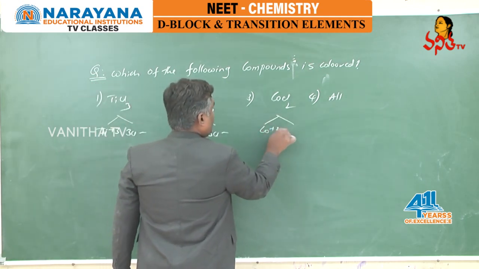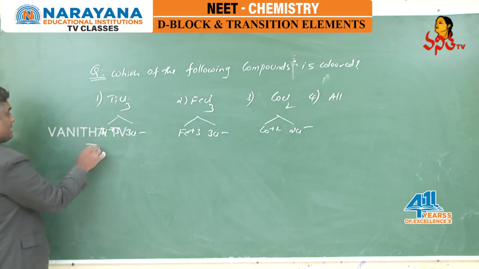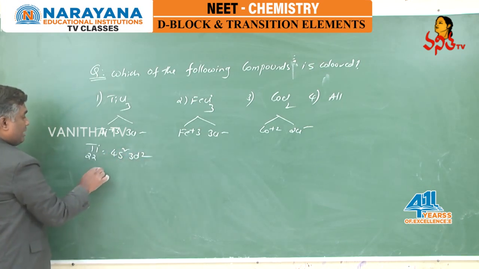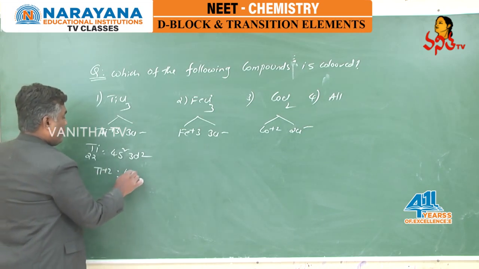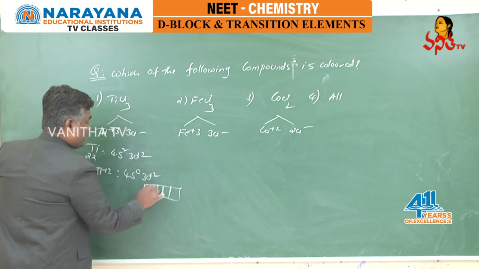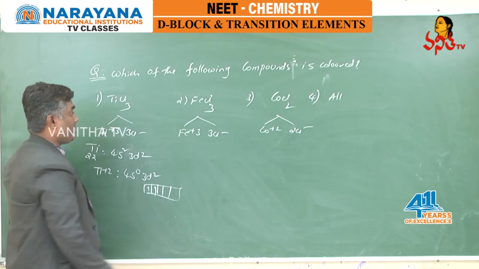Here, Co plus 2, 2Cl minus. And here, titanium atomic number 22, 4s2 3d2. Titanium plus 3 means loss of electrons from here, leaving d1, which has an unpaired electron. As unpaired electrons are present, it exhibits color.